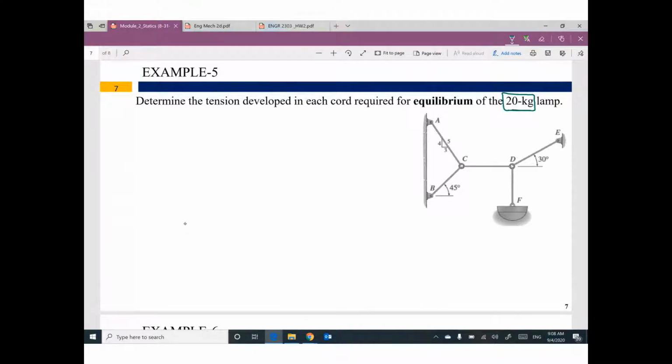So the weight of this lamp is down. How much? 20 kilogram. I need to multiply 20 by 9.81. So the final weight in Newton will be 20 times 9.81, which is 196.1 Newton.